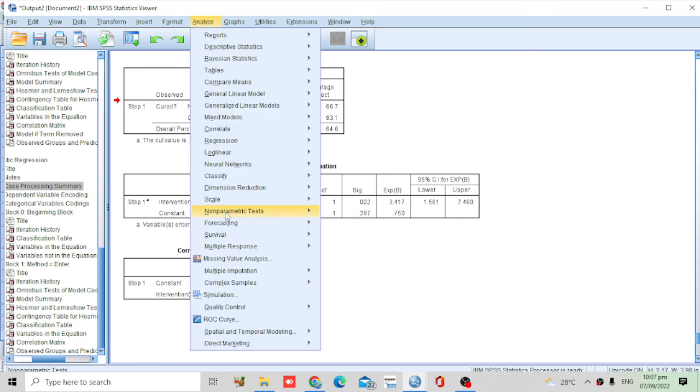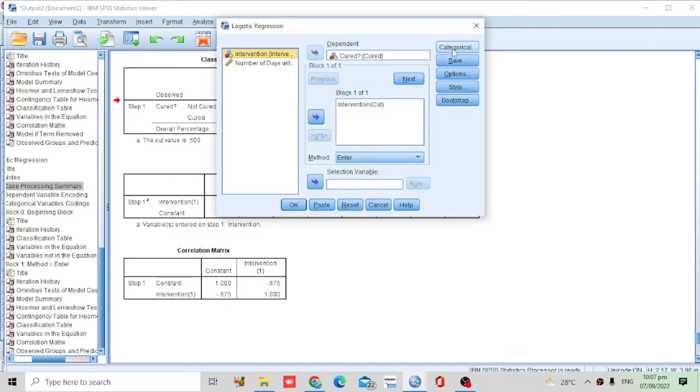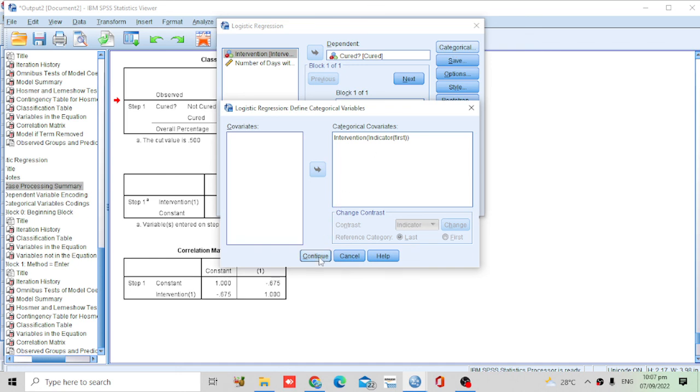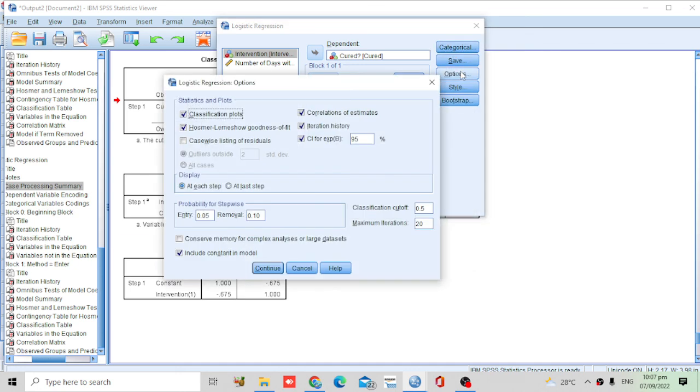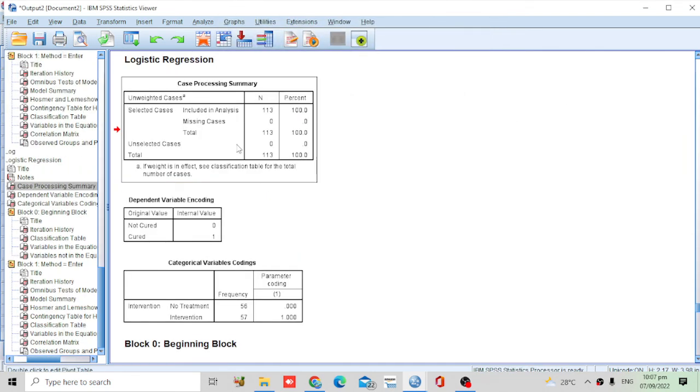Sorry, ulitin natin. Yung binary na categorical and then continue options. Okay, continue. Okay, ulit tayo.